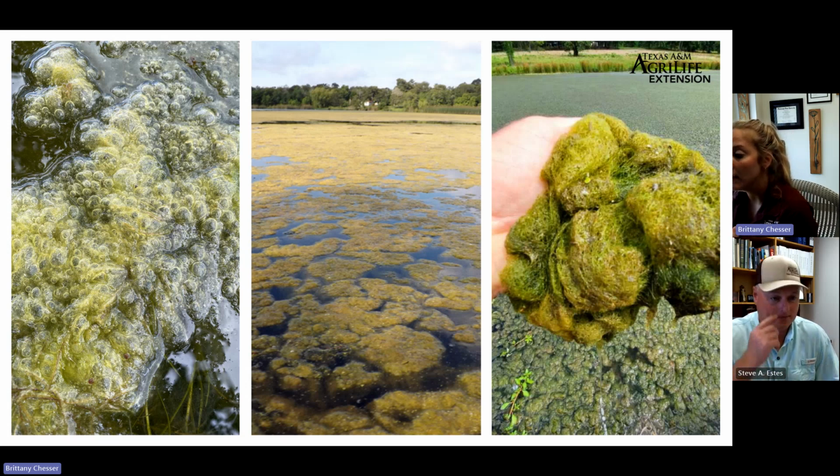You're also going to see on the labels that you want to treat in sections. And so with copper, copper is deemed as a contact herbicide, which means that it kills very quickly. We typically see injury within a few hours and total death within a couple of days. And so it happens really quickly compared to some of our other herbicides.